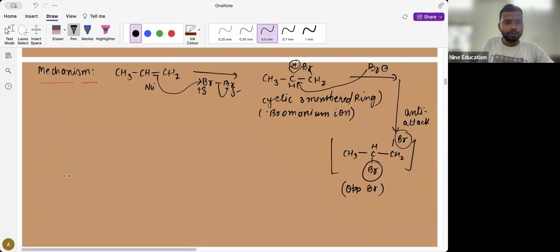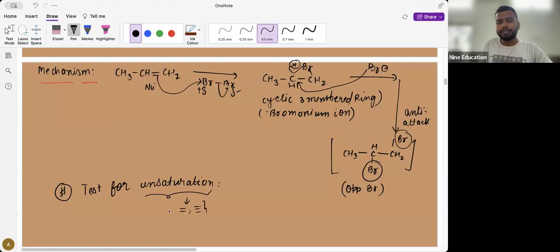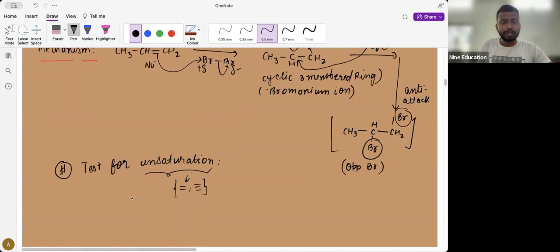So this reaction is also the test for unsaturation. Unsaturation means what? Unsaturation means whenever you have double bonds or triple bonds. And this is one of the tests.